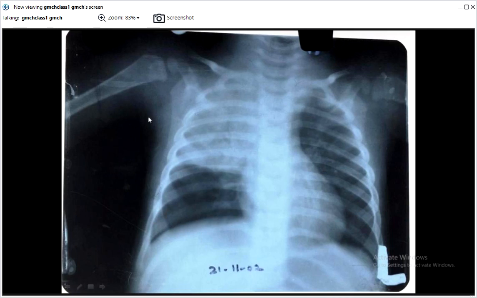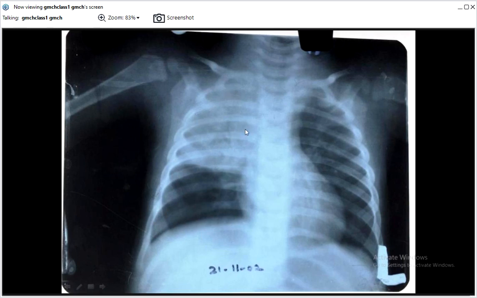So what do you see here? Again, this is a radio opacity. So what all can it be? Effusion, collapse, consolidation. Where is the trachea? Trachea is central. It's not deviated. What is the cardiac silhouette? That is normal. Margins are clearly visible and it has not been shifted. Now the right is not shifted and the left is not shifted.